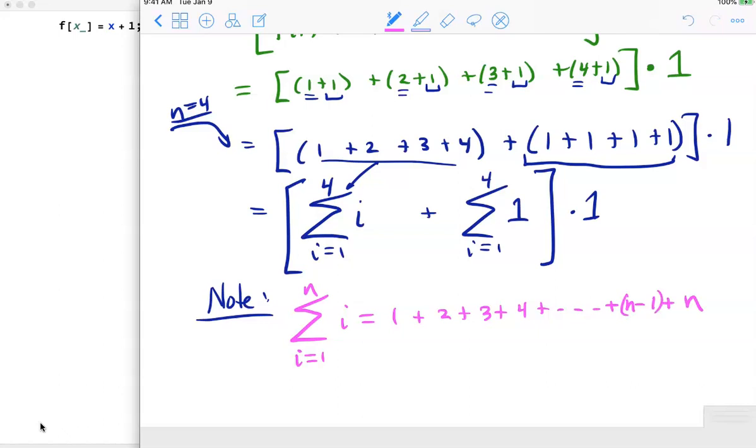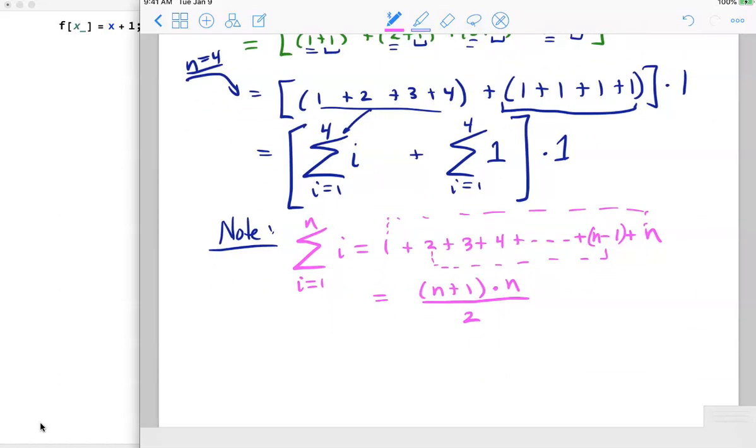You'll notice that the 1 and the n add up to n plus 1. The 2 and the n minus 1 add up to n plus 1. So really there are n plus 1s, but there are half the number of n of those.